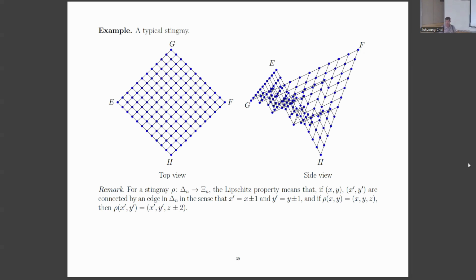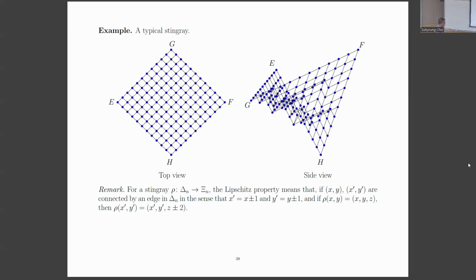Okay, now let's talk about the Lipschitz property. Remember, the Lipschitz constant was 2, if you saw it, and also there were some congruence properties. That doesn't leave too many possibilities.